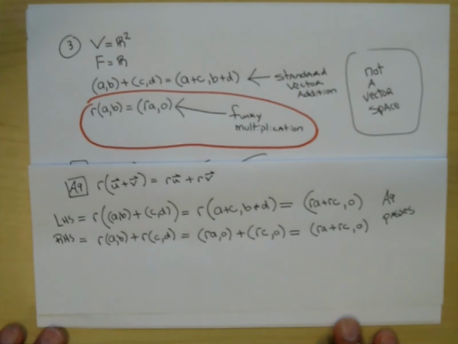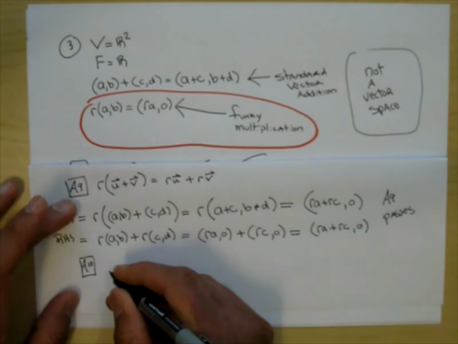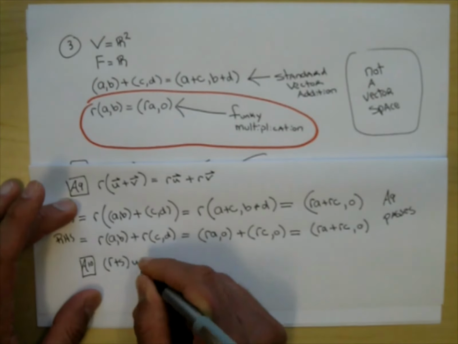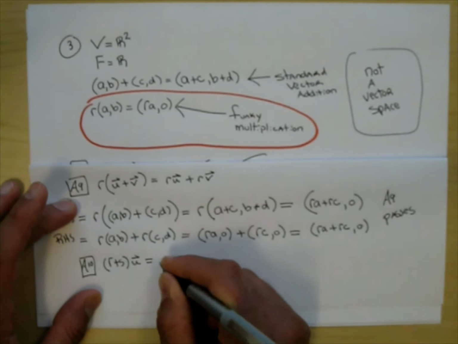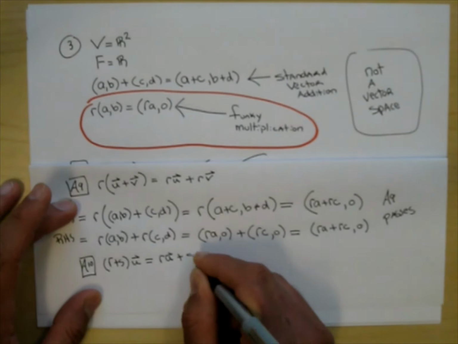Let's take a look at our last axiom, A10. And this says R plus S times U equals RU plus SU.